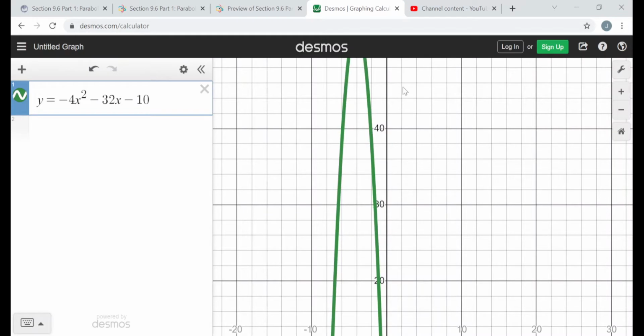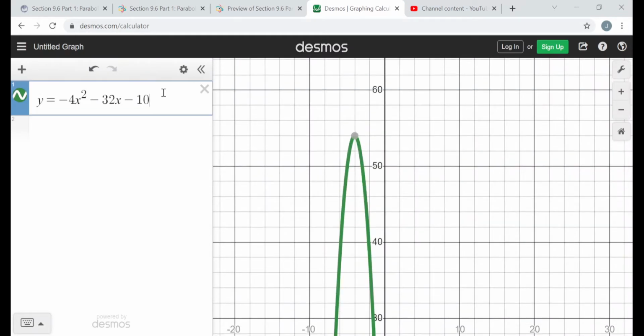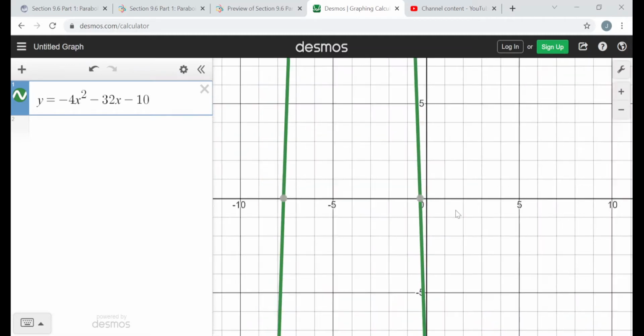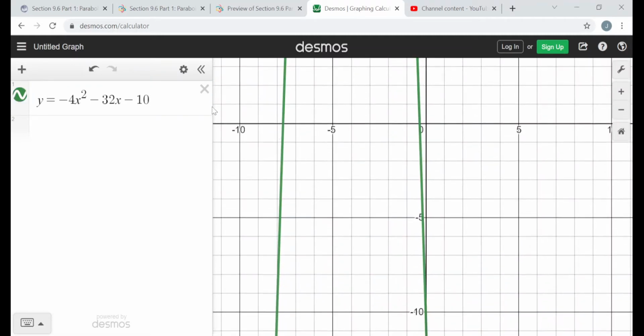All right. There's negative 4 comma 54. Then scrolling down, you see the y-intercept at 0, negative 10. And there should also be this point, negative 8, negative 10, which I said was also on it.